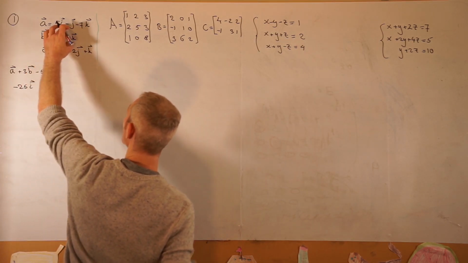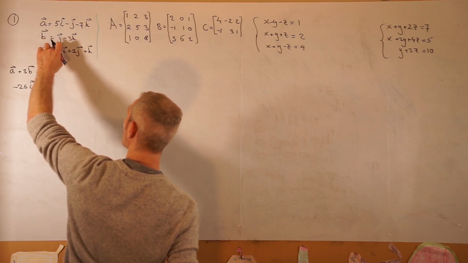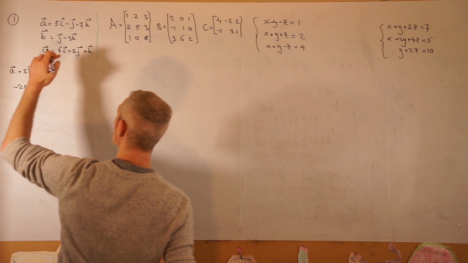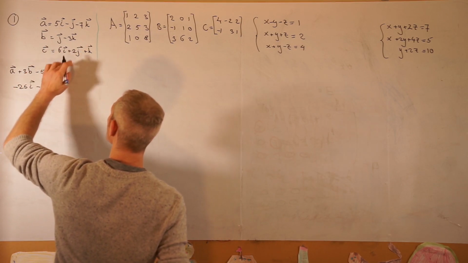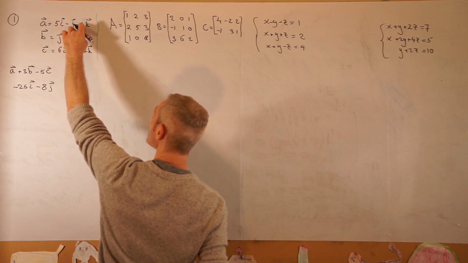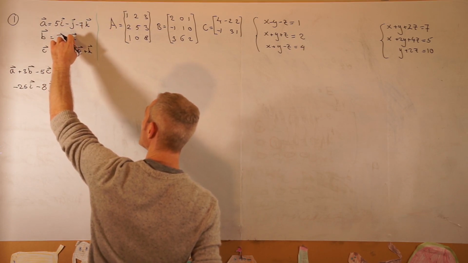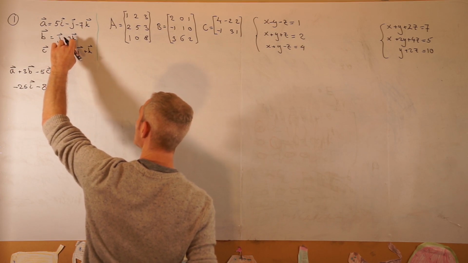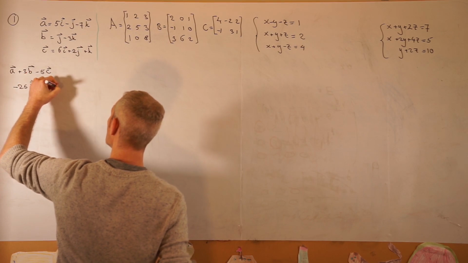For the j component, we get minus 1 plus 3 times 1 minus 5 times 2, that is minus 8j. And for k, we get minus 7 minus 9, so that's minus 16, minus 5 is minus 21k.